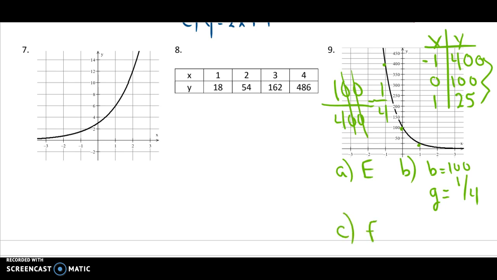Now I'm ready for my equation, c. This time I'm going to write f of x, because that was always an option. It's going to be b, 100, times 1/4, which I'm going to put in parentheses, and to the x power. So just going through some of the other ones, if you need some clear points, let me mark them for you as you are doing your graph.